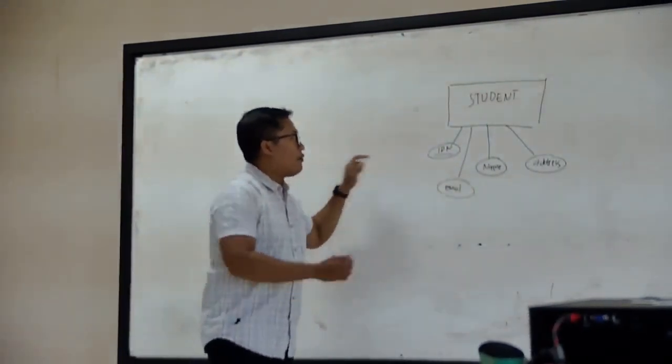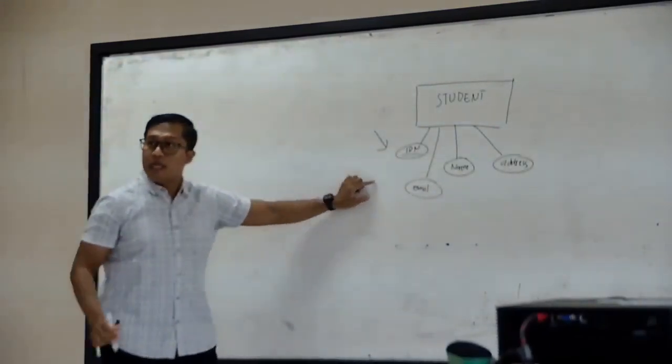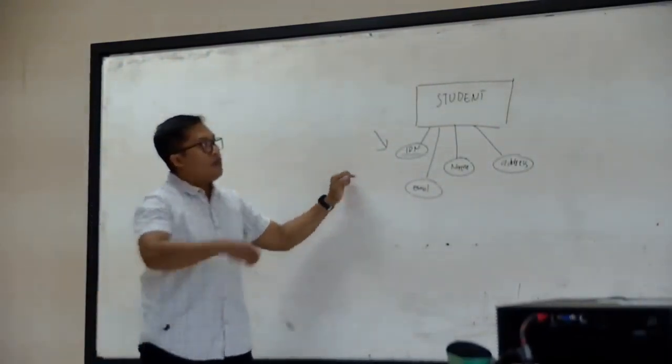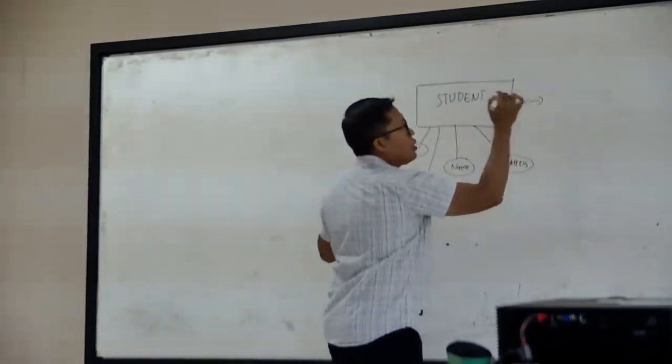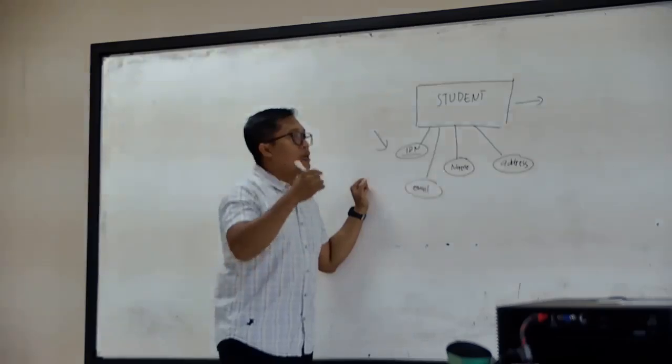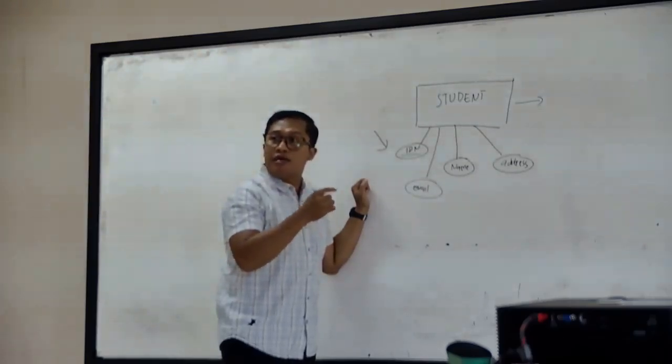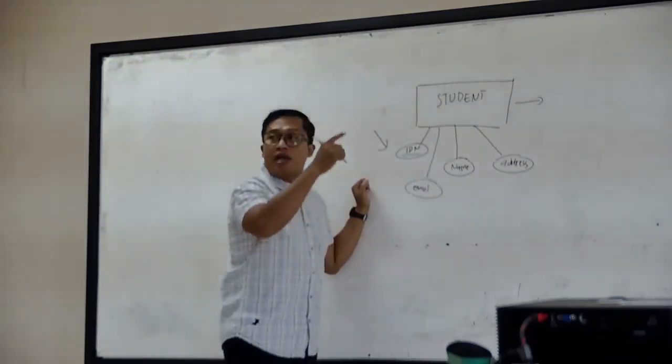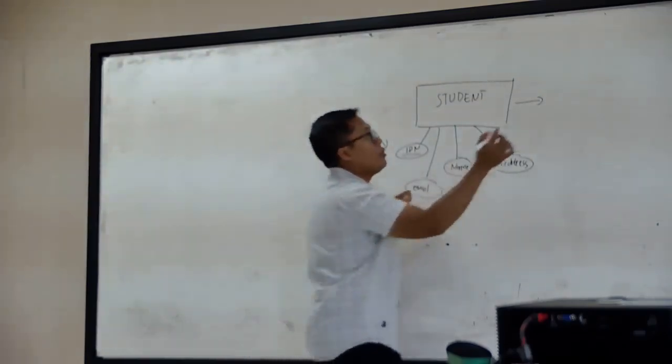If we don't have key attributes, and we transform it into a relational model, it will be a relation, or maybe a table, one table.